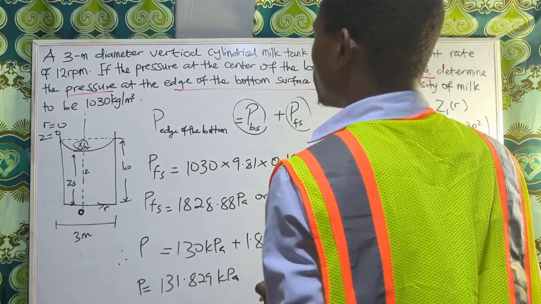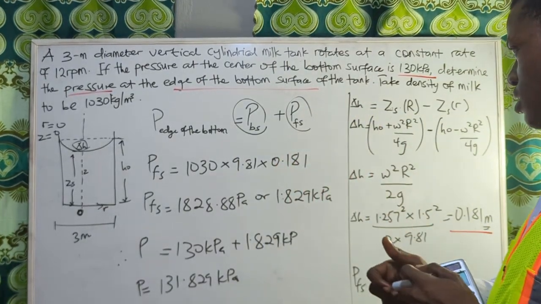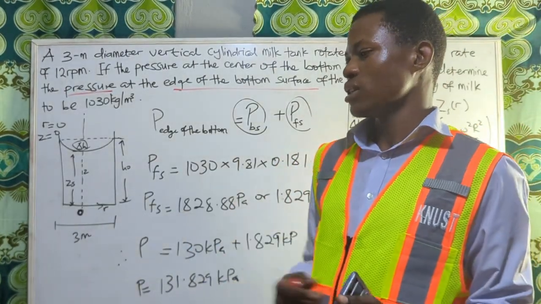So this is the pressure at the edge of the bottom surface of the tank. This is how we go about this question.